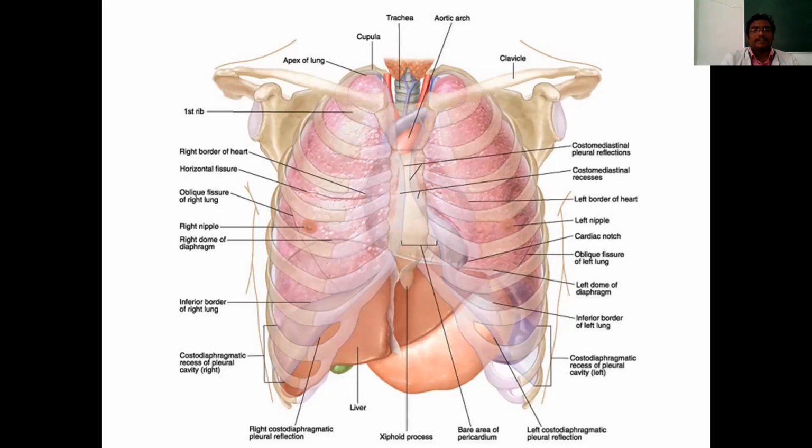So what are the vital organs present inside the thoracic cage? First, you will have your lung. Next, you will have your heart. Apart from that, you have the great vessels that enter and leave the heart, and then some spaces present inside the heart. So these are the important organs.